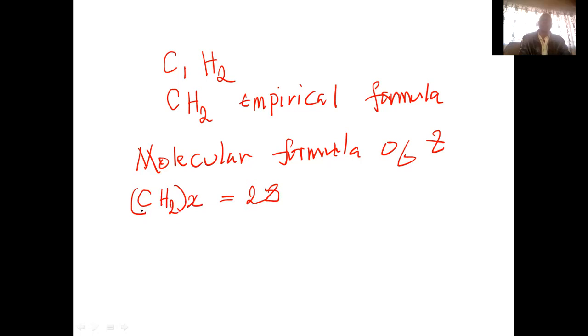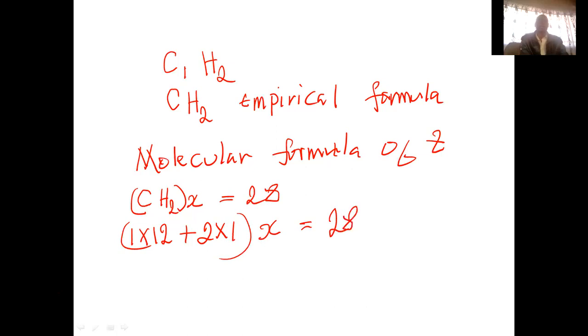And therefore, when you are getting the relative molecular mass, you have to multiply the subscript by the relative atomic mass of that element. So the subscript for carbon here is 1 multiplied by the relative atomic mass for carbon, 12, plus the subscript for hydrogen here is 2 multiplied by the relative atomic mass for hydrogen, which is 1, all multiplied by a factor x, which gives us 28.